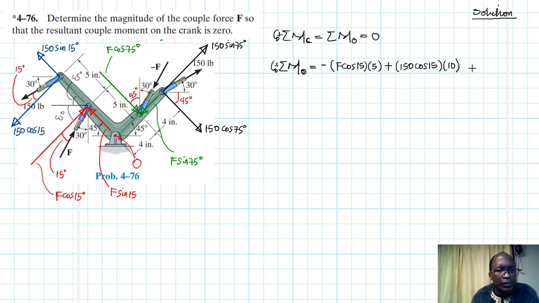Then another negative, minus F cos 75 times the lever arm, which is 4. Then another minus 150 cos 75 times the lever arm, which is 8, and everything is equal to 0.